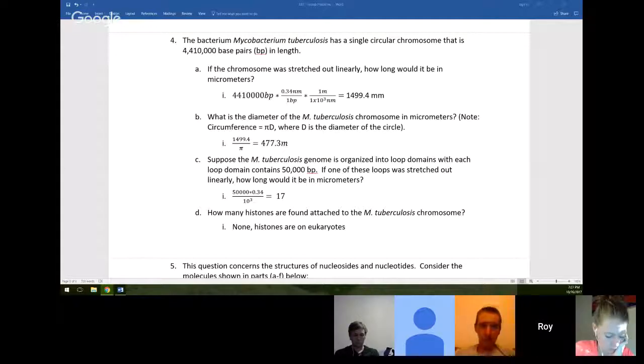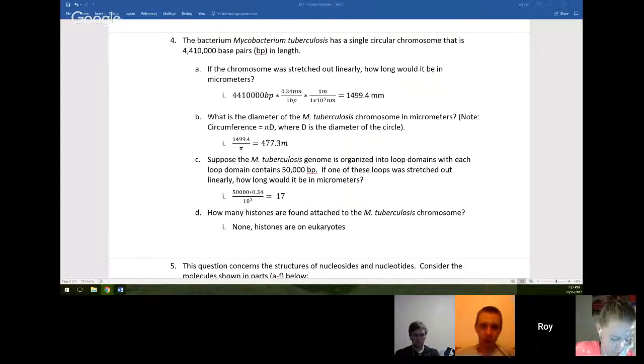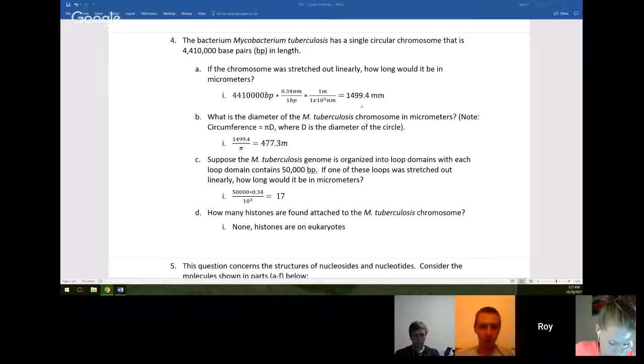One base pair is 0.34 nanometers, and 1 micrometer is 1 times 10 to the 6... and you end up with 1,499.4 micrometers.